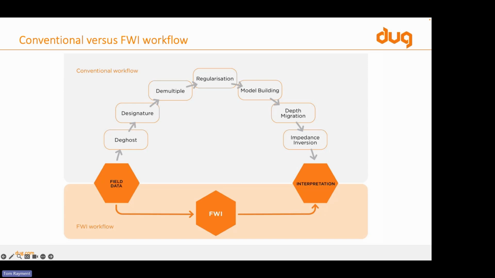And more importantly, by using the more robust physics of FWI, we can do away with many of the assumptions that are inbuilt into that workflow, and that can give us better results too. And using all the information that we no longer have to throw away, the multiples and ghost energy, that means we can also get better coverage of the subsurface in our reflectivities, and that gives us better illumination and better resolution. So there are many benefits to trying to do this.